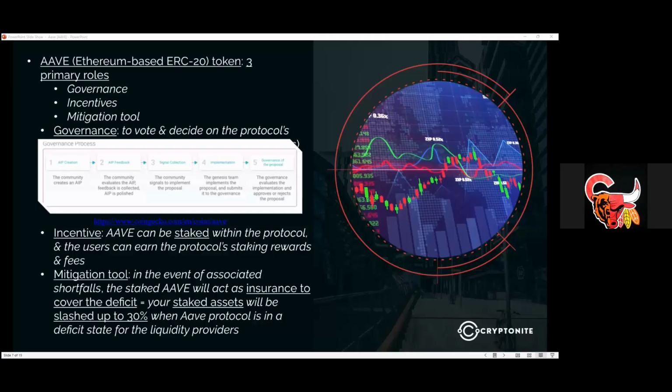Obviously governance, pretty obvious. The incentive, it's to stake the coin, staking a coin avoids having major sell-offs, things like that. And then the mitigation, it's basically kind of an insurance, a slash fund, if you will, in case there is an attack on the system. They have some money set aside to reimburse some of the losses.